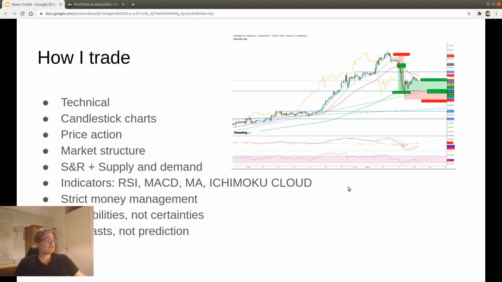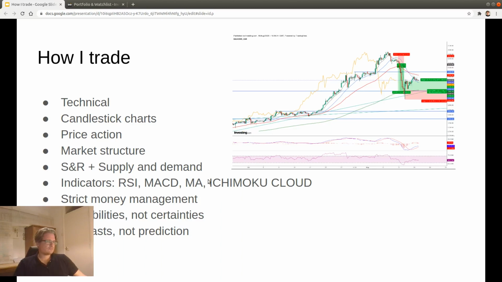And I use indicators. That's what people mostly know about technical trading, indicators. And I mostly use the RSI, that's the relative strength index, the MACD, the moving average convergence divergence indicator, moving averages themselves, and something called the Ichimoku cloud, which is a Japanese indicator, which in itself is a trading system.